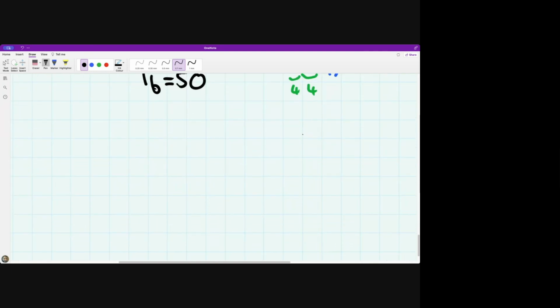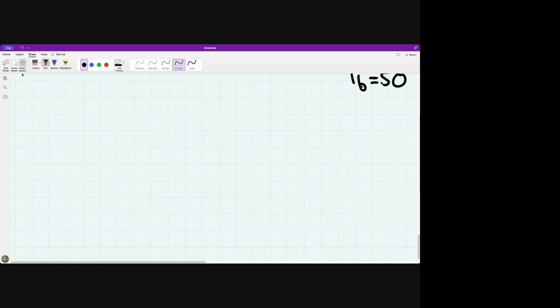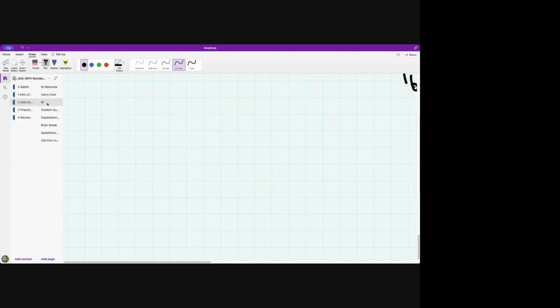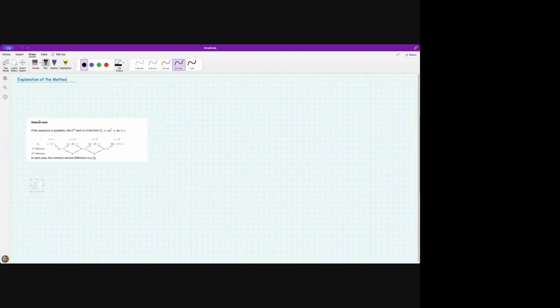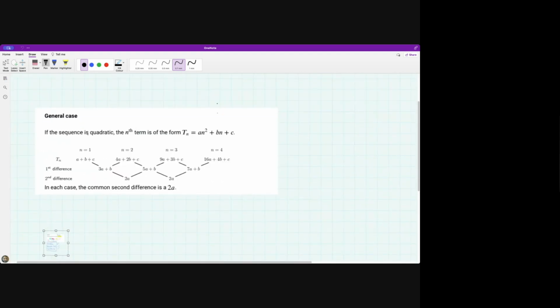In fact, you've done so well that I'm going to take you on to basically explaining how we find the general term. Now, I'm not going to go through all of this, but I'm just going to make some basic acknowledgements. So if we have a quadratic number pattern, we know it's going to have that form.